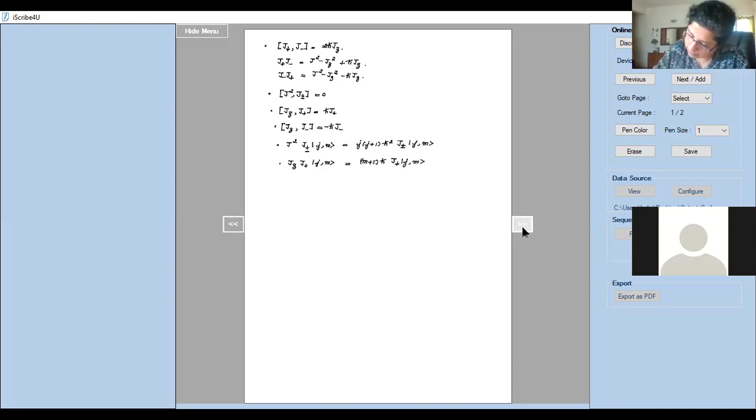Similarly, if you did Jz of J minus |j m>, you would get (m-1) h cross times J minus |j m>.